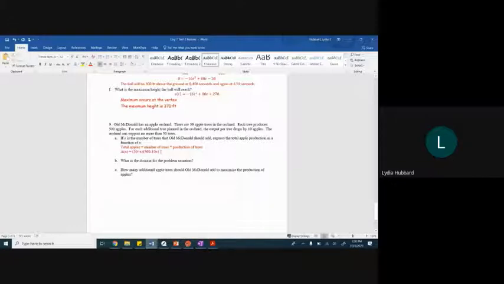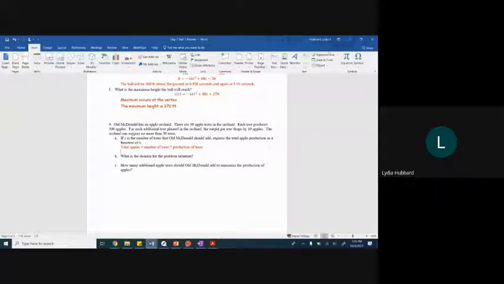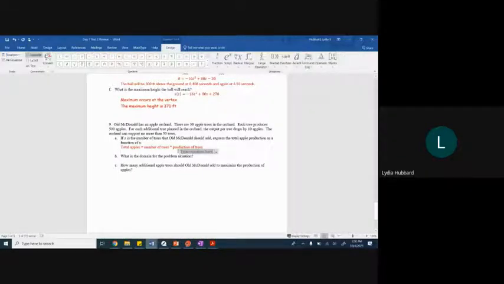I'm actually going to write it as an equation real quick. So we'll say A, apples, is equal to 30, because that's our starting point, plus the number of trees, x, times 500 minus 10 times x.